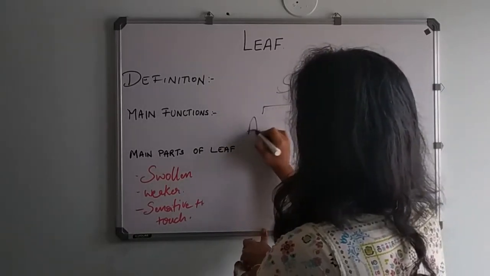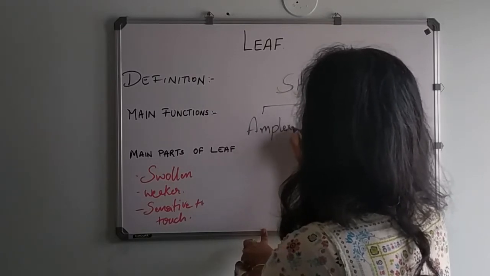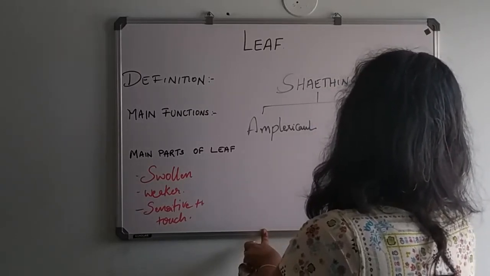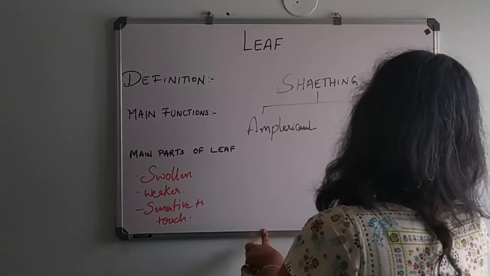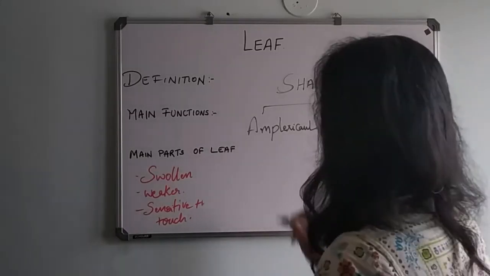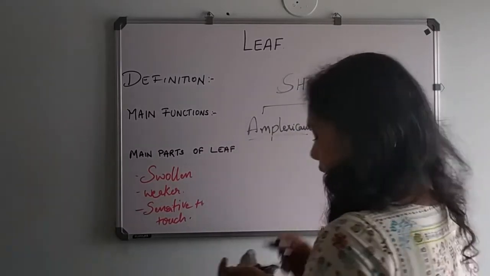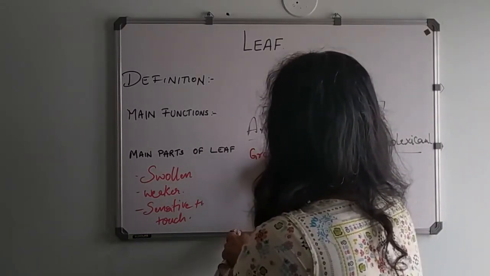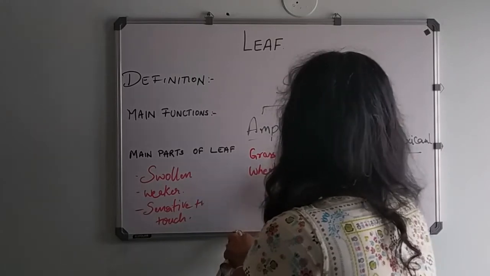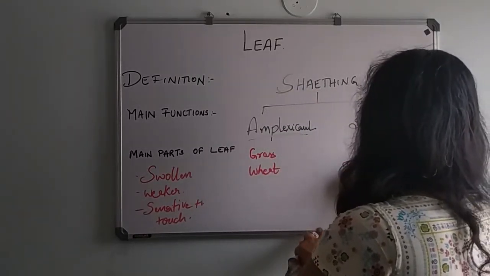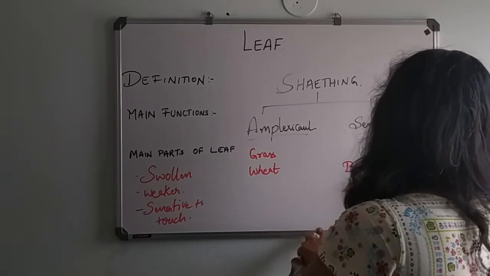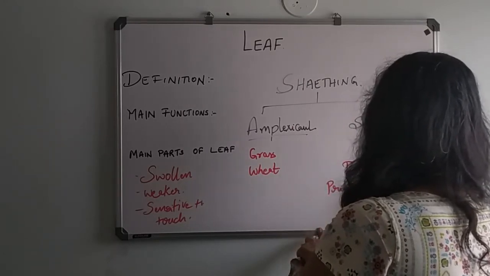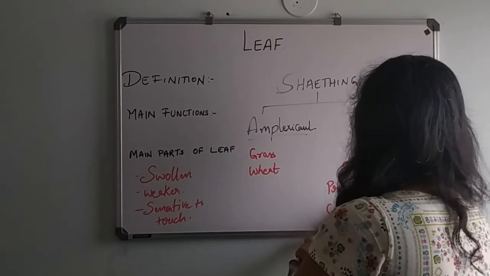One is amplexicaul. Another one is semi-amplexicaul. Okay, amplexicaul and semi-amplexicaul. Examples for amplexicaul are grass and wheat. Then semi-amplexicaul examples are buttercup, prickly poppy, and calotropis.